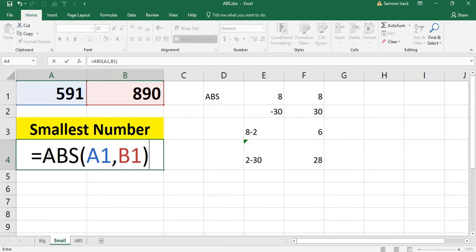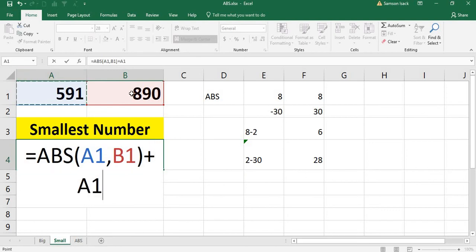So this gives the difference between the first number and the second number. If you add the difference to the smallest number, you will get the biggest number. If you subtract the difference from the bigger number, then you will get the smaller number. So for A1 and B1, if I add these two numbers, I have a bigger number plus a smaller number.